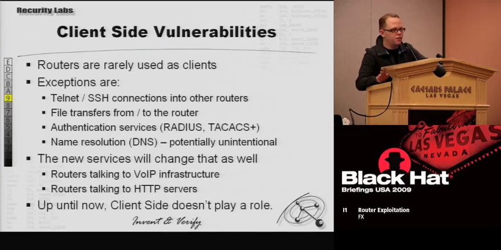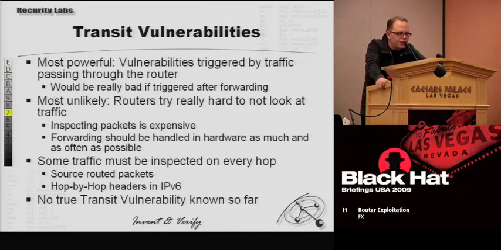Anyone who answers is going to be the one answering correctly. And your router is going to try to connect to whatever that IP then said. So other than that, routers are really not good clients. This might change with VoIP and HTTP services, but other than that, client-side exploitation on routers really doesn't play a role yet. And then there is what I call the transit vulnerabilities.